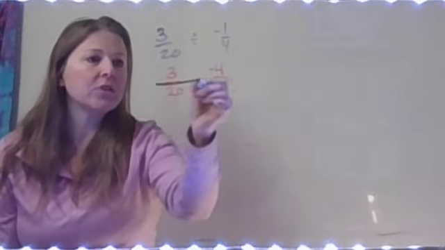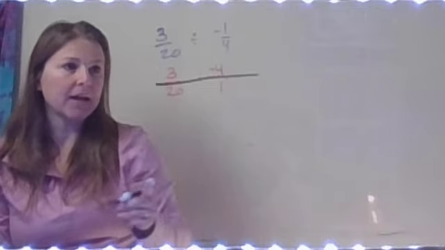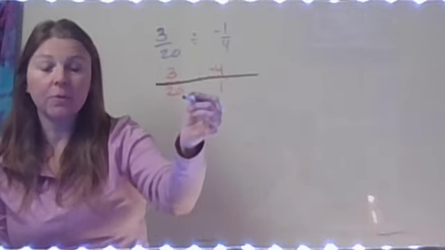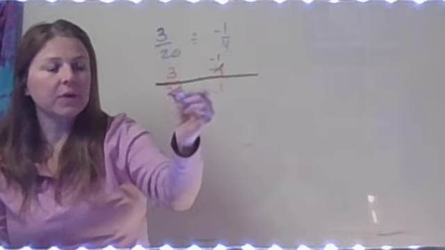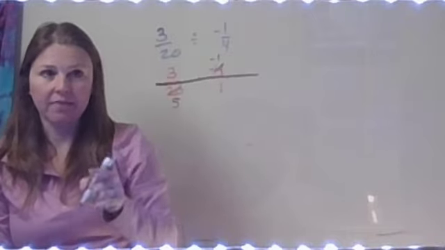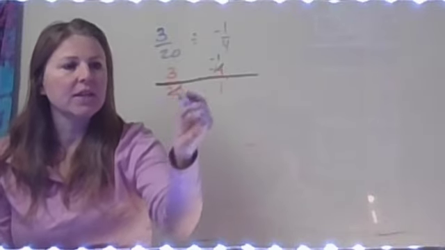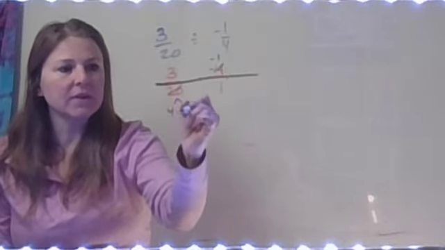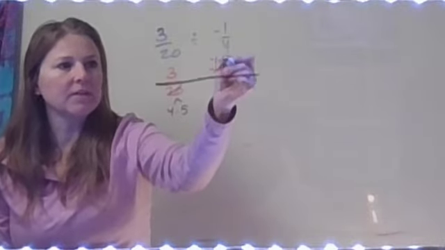And then I'm going to go ahead and draw that big line. Anything on top reduces with anything on the bottom. 4 and 20 both have a 4 in common. So 4 goes into negative 4 negative once, and 4 goes into 20 5 times. 5 times 4 is 20. It might be helpful, I was just thinking about this, to rewrite 20 as 4 times 5, and to rewrite negative 4 as negative 1 times 4.